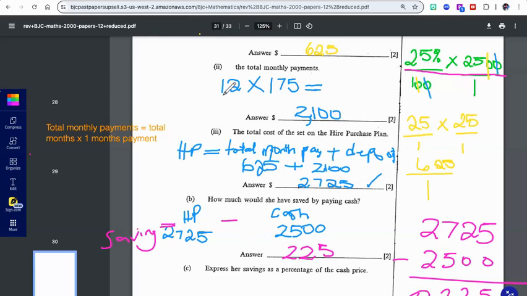Now the last question, which always comes last, says to express her savings as a percent of the cash price. And just how you are reading this question, students, you are going to set this up.